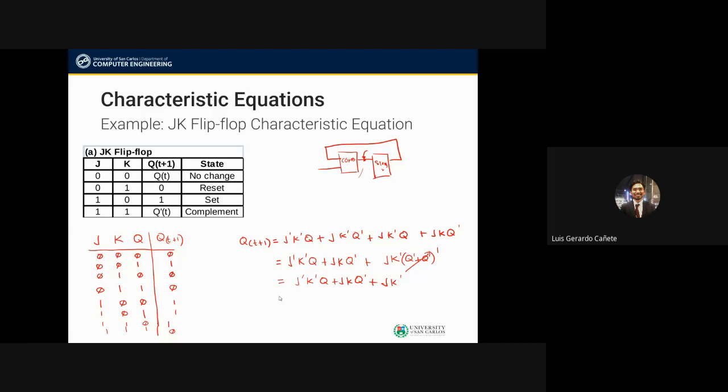So I can't simplify this right now directly using algebraic functions.